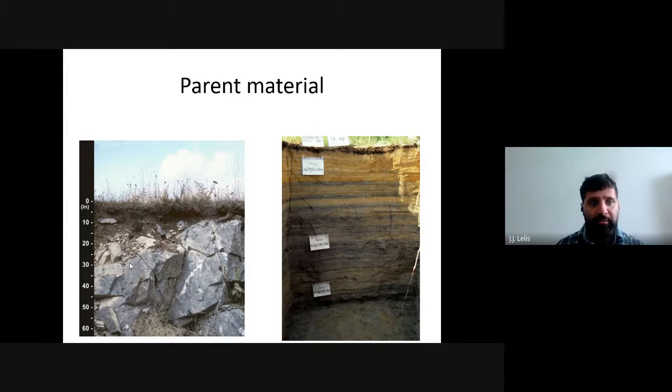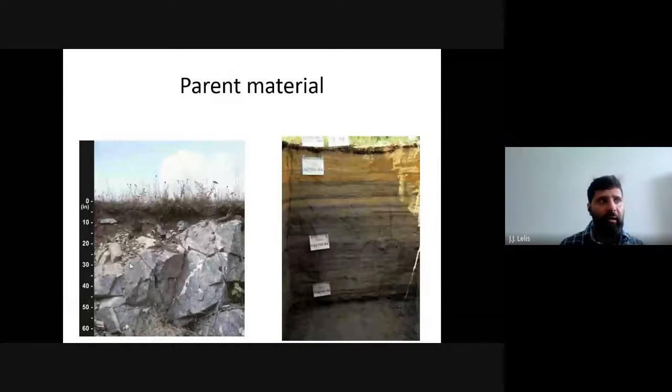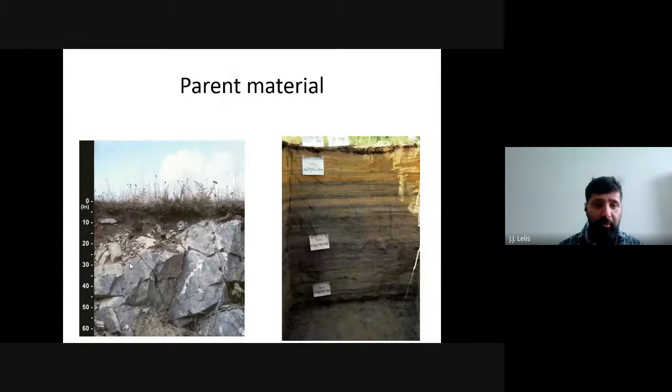And some well-developed soils, like ferrosols or oxisols, also are very close to the parent material, but it's not so easy to identify these differences. So we can see oxisols or ferrosols that are developed from sandstones are very different from those that are derived from banded iron formation.